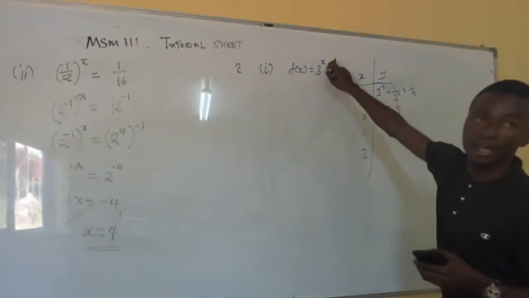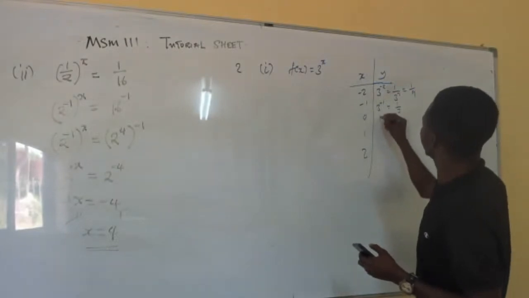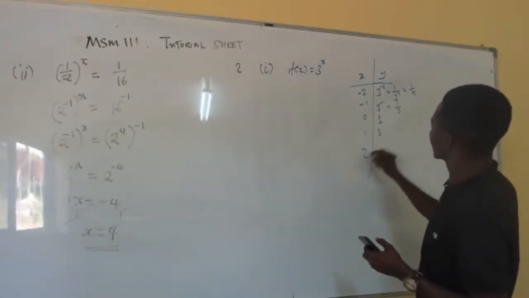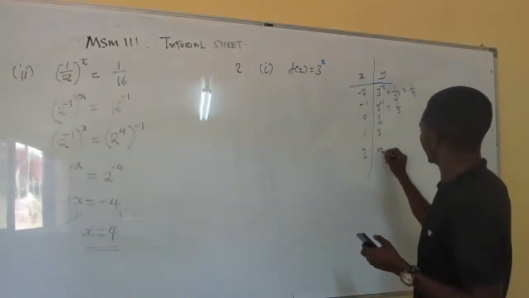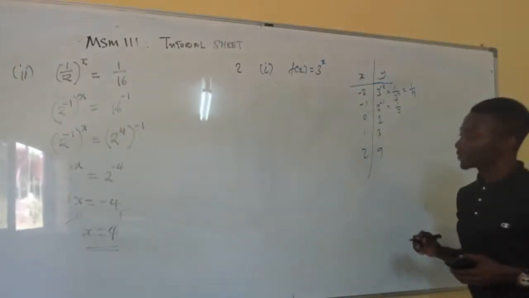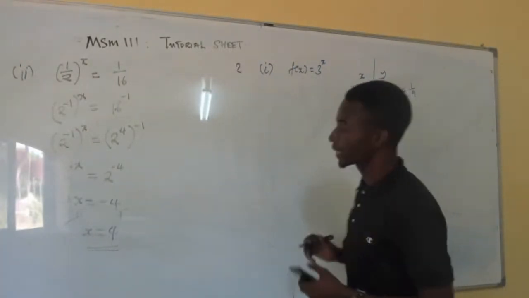If we put 0 for x, we get 1. If we put 1, we get 3. If we put 2, we get 9. So now that we have the values, we can sketch.